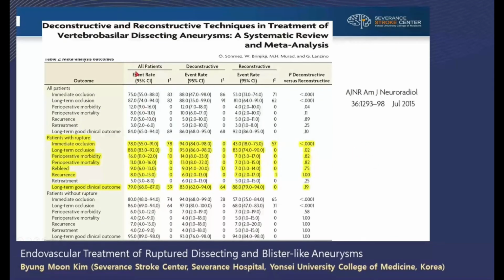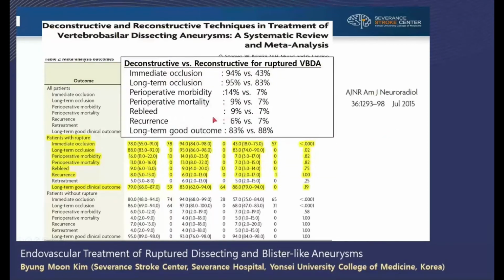Recently, a systematic review and meta-analysis was published in the AJNR. In this report, deconstructive and reconstructive techniques in the treatment of vertebrobasilar dissecting aneurysm were compared. Immediate occlusion rate is significantly lower in reconstructive treatment.